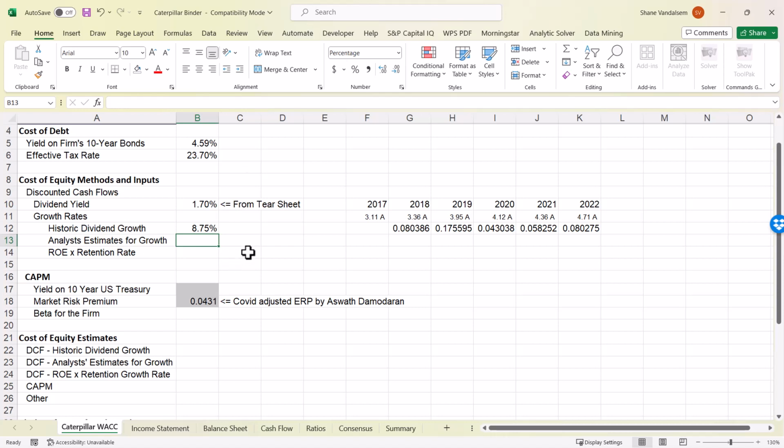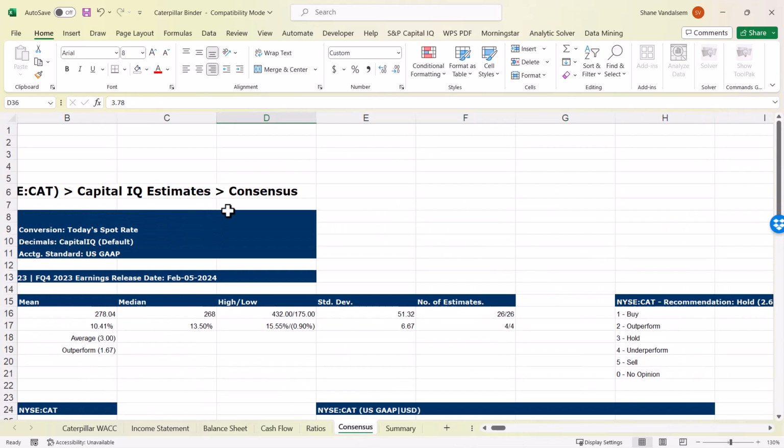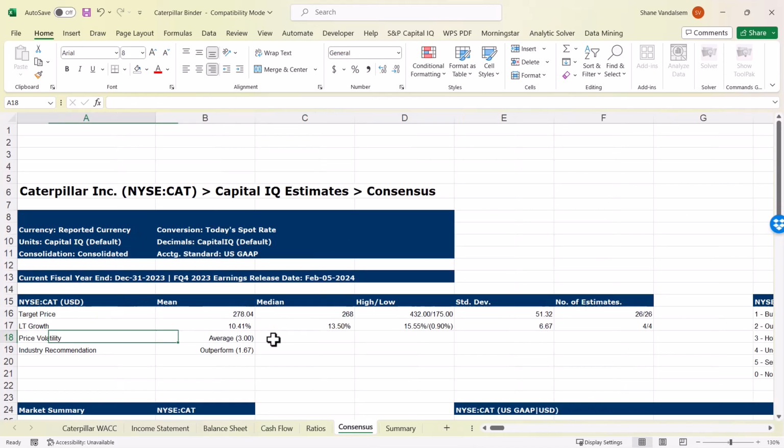The analyst estimates for growth. I'm going to go back out here to this tab for this consensus. So I'm looking at the long-term growth rate, and this is expected to be the growth rate in earnings for the next 5 years, the average per year.